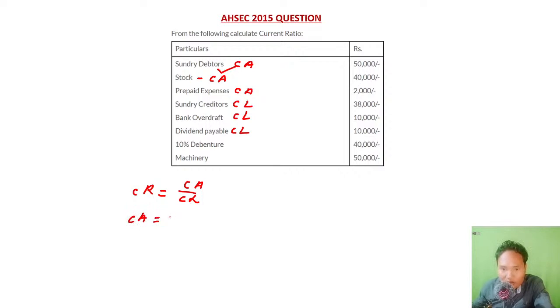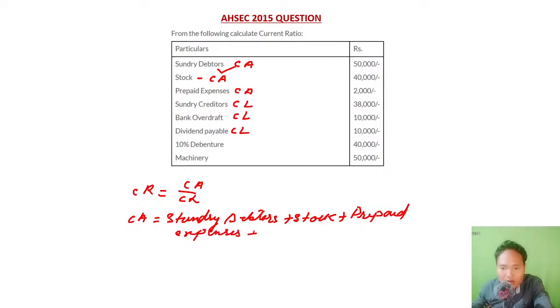Current assets is equal to sundry debtors plus stock plus prepaid expenses, plus, that's all. Then write all the values.